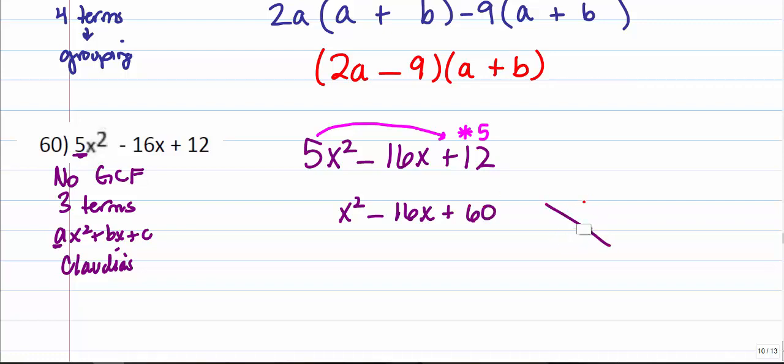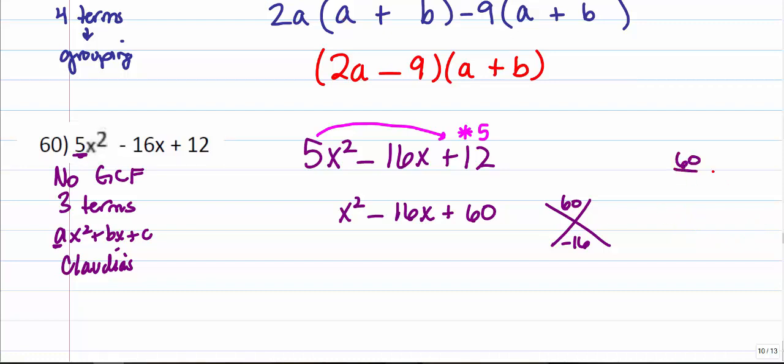Meaning now I have no GCF, 3 terms, and I've got a 1 here. So I can just do a simple diamond, and negative 10 times negative 6 and negative 10 plus negative 6. That's what gives me 60 and negative 16. You can always list out all your factors. You can just think about what numbers would work.